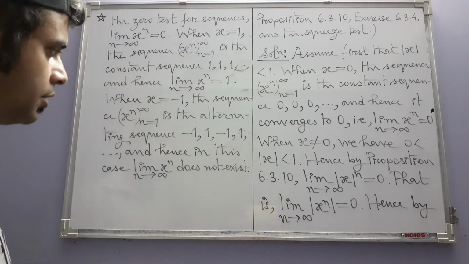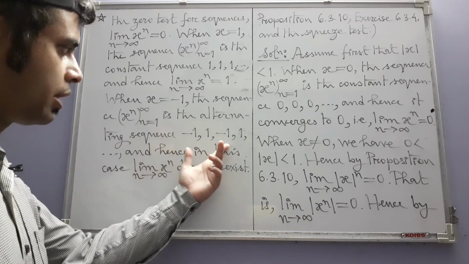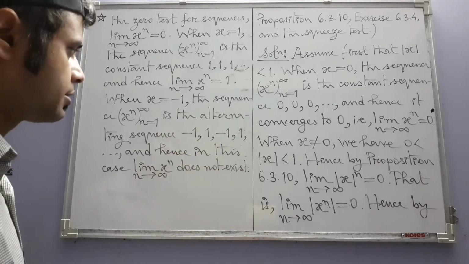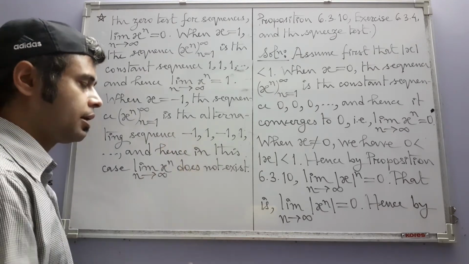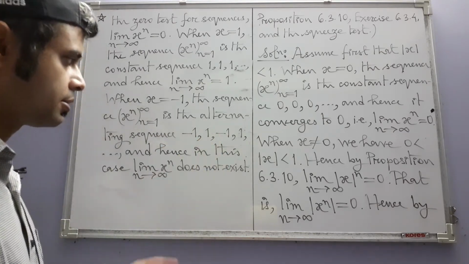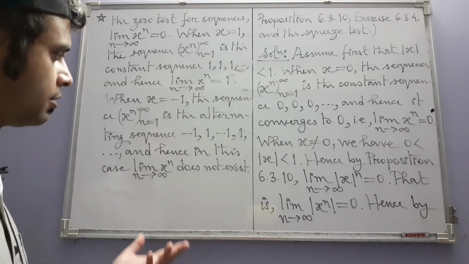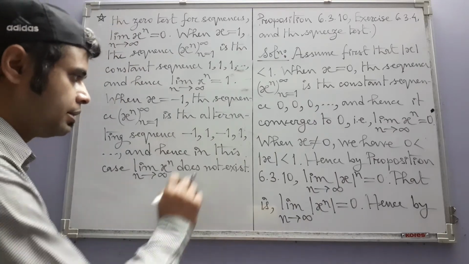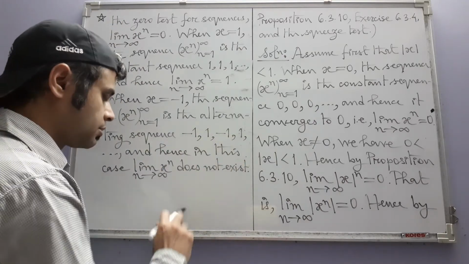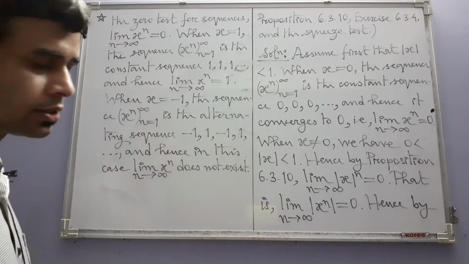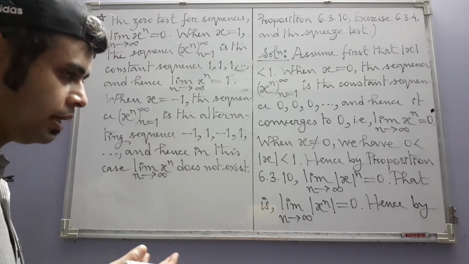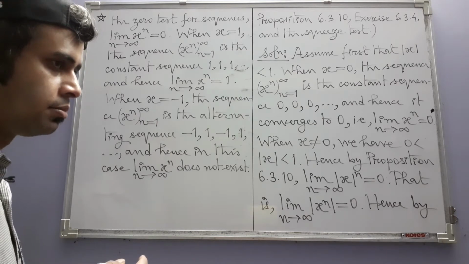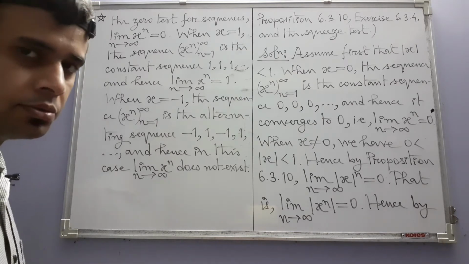Why? We have seen already quite a few times why this sequence is not convergent, but still let us recall. You can argue like this is not convergent because this is not a Cauchy sequence. No matter how far you go down the sequence, you won't find a stage such that from that stage onwards the difference between any two terms of the sequence is, say, less than 1 over 2.